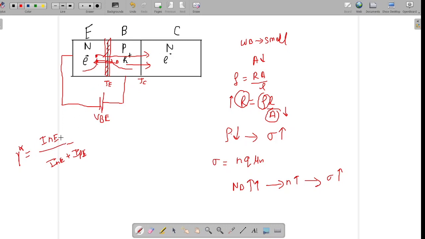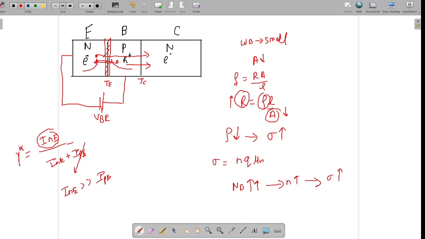I_PE is the part of the emitter current carried by the holes going from base to emitter. I_PE is not useful, because those holes just recombine and do not contribute to the collector current. But I_NE is useful because that is what we collect in the collector. So I_NE has to be much greater than I_PE.